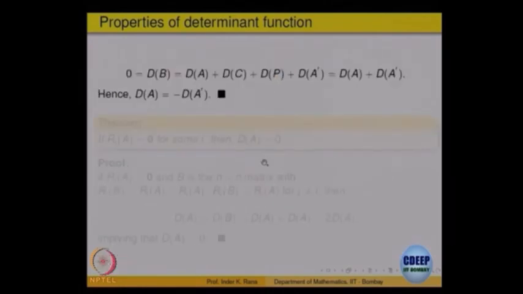We will get the following: the determinant of B, which is 0, is the same as the determinant of A plus the determinant of C plus the determinant of P plus the determinant of A dash. Why is that? At the ith place Ri plus Rj, at the jth place also Ri plus Rj. So how many linear combinations will come? Ri Rj, Ri Ri, Rj Rj and Rj Ri, 4 will come.